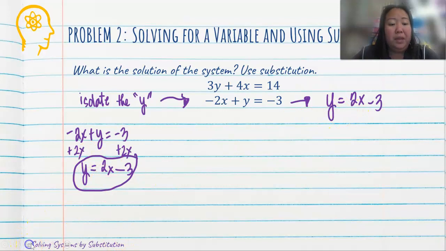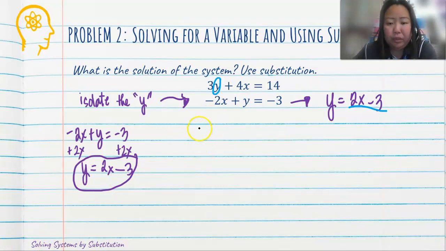So now, because we have y by itself, what we will do is we will use the first equation, 3y plus 4x equals 14. This y here will be replaced by this expression. So let's work on that one to solve for x.